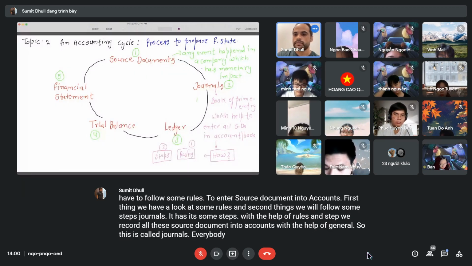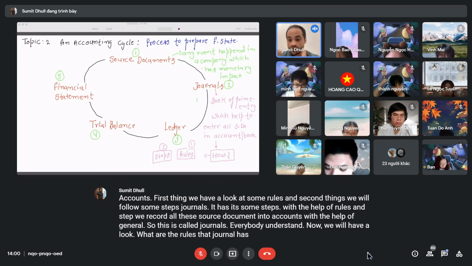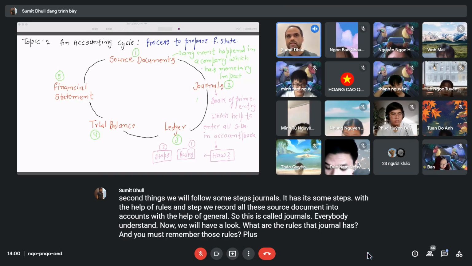Does everybody understand? Now we will have a look at what rules the journal has, and you must remember those rules. Following those rules, we will do some steps.